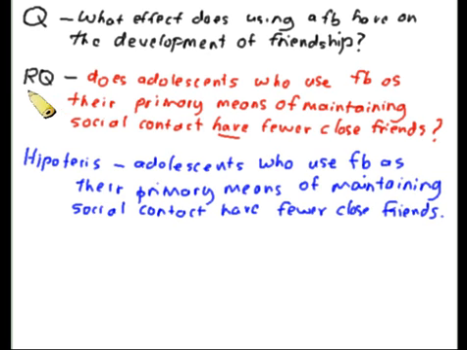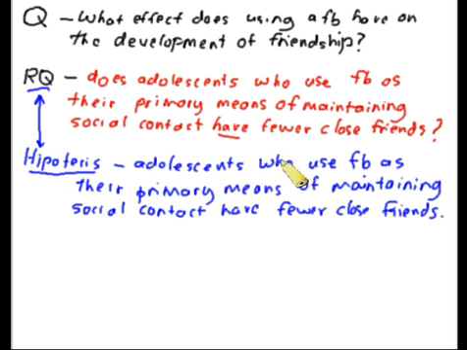This is in the form of a question, and this question can be converted into a hypothesis. You see, in a research question, the statement is posed as a question, whereas in a hypothesis, the statement is posed as a mere statement. So it shows the relationship between adolescents who use Facebook and fewer close friends.